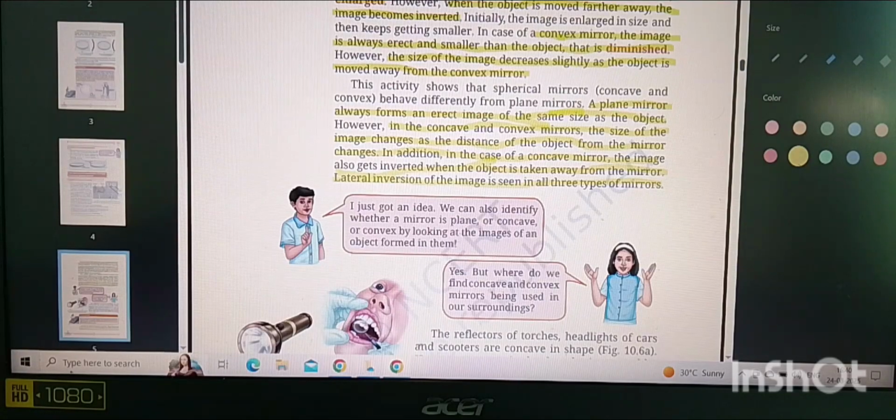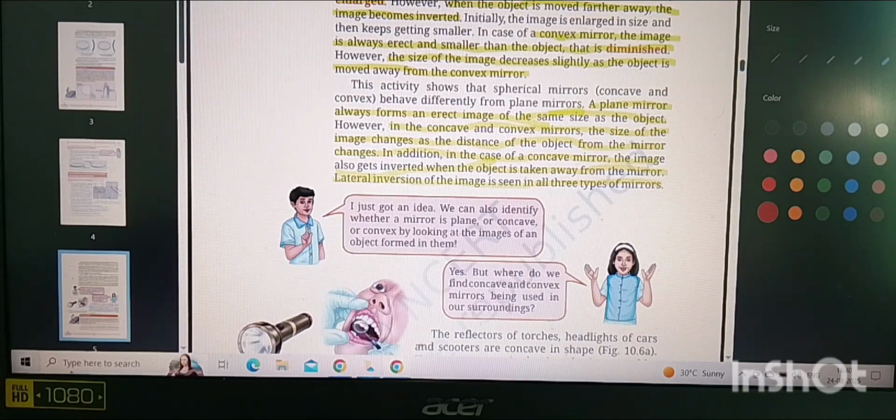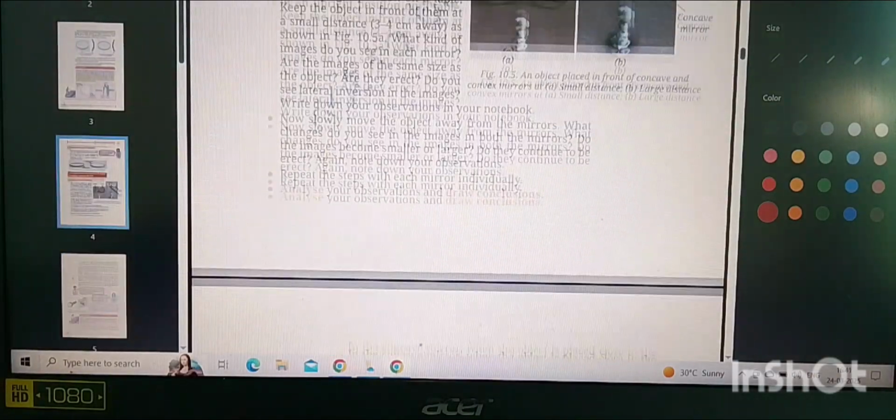So this is the main thing you have to learn. We will move on to this page.